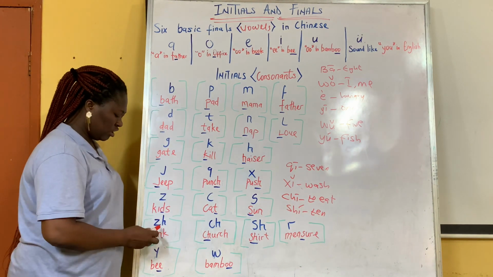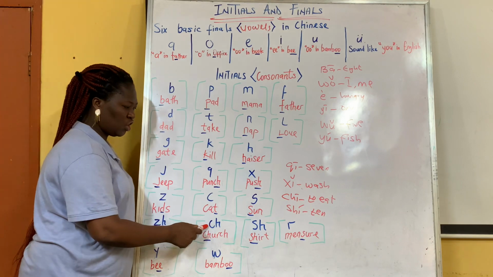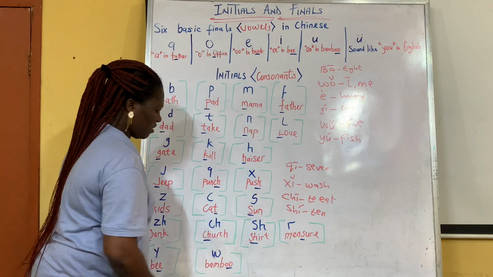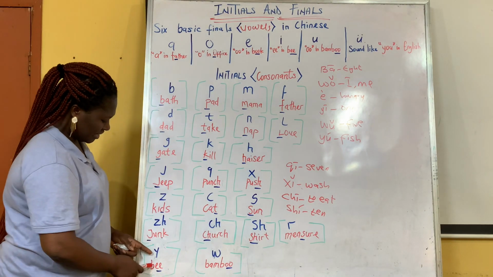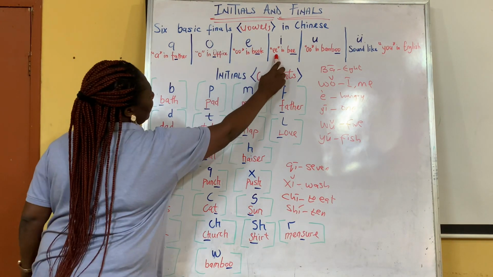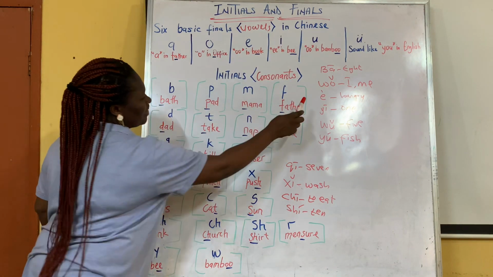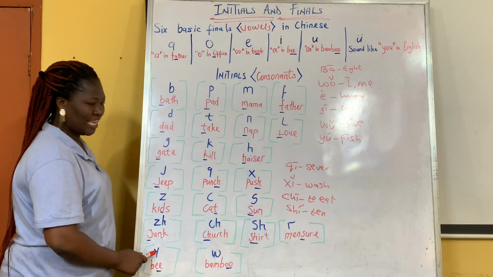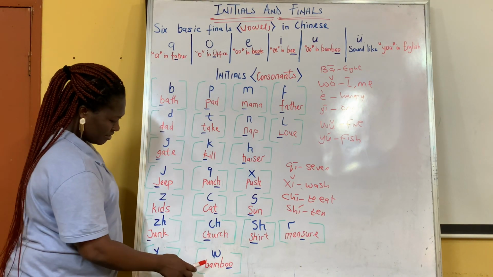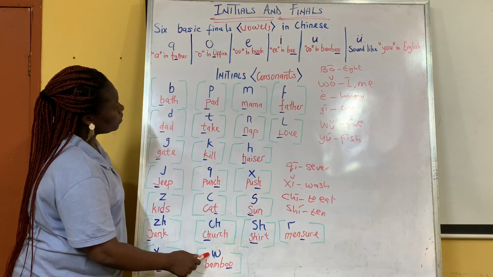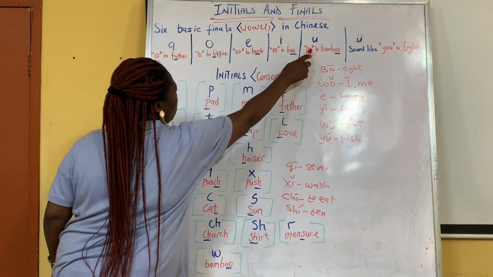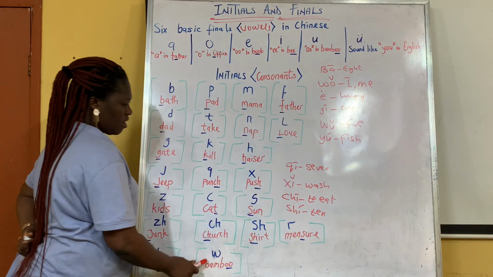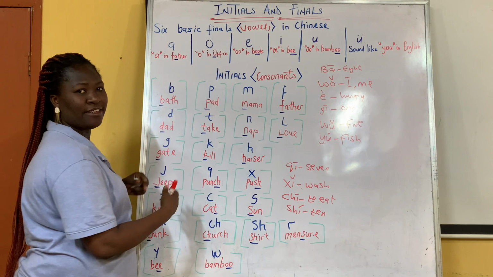Ji, qi, xi, qi to eat. Okay. Then the E. You see this E is the same with this E. The same pronunciation. E, just like in one. So they pronounce the same. Then U. U is the same with what? Wu. The same wu.